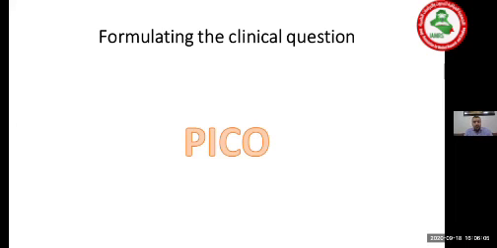PICO consists of 4 letters, P, I, C, and O. Each letter represents a word. So it is a mnemonic that helps us to remember what we have to consider when we formulate our clinical question. So let's see, what are these?